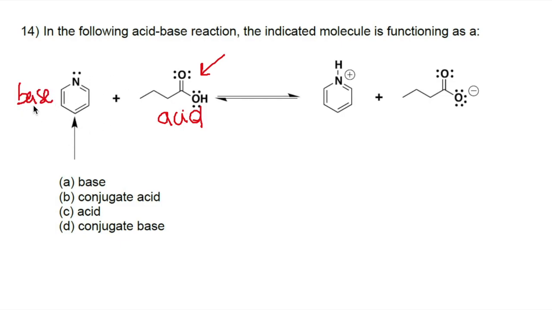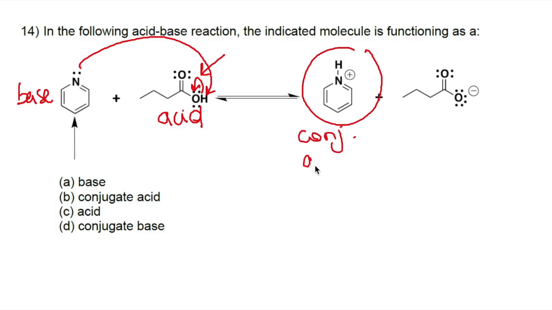So that makes this pyridine here your base. The reaction that is actually happening is that the base comes and gets the proton, and that's how, if this is the base, this becomes the conjugate acid, and if this is the acid, this now becomes the conjugate base. All right.